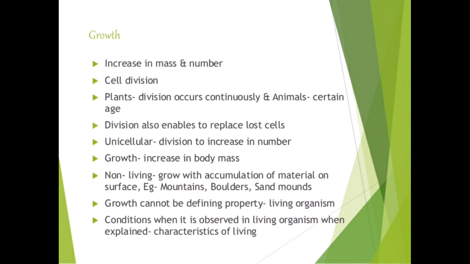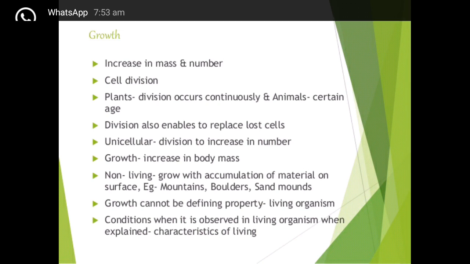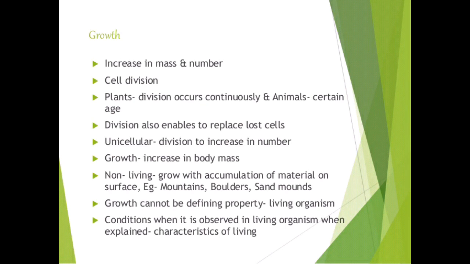Division also enables replacing the lost cells. Actually, our body faces several wear and tear, and the new cells replace the damaged cells. In the case of unicellular organisms, cell division is to increase the number, which means that is the method of reproduction.